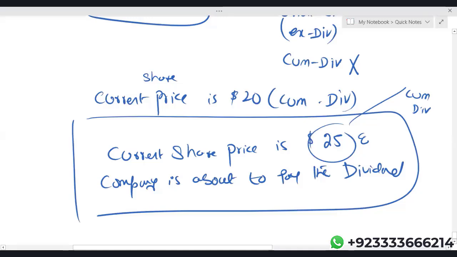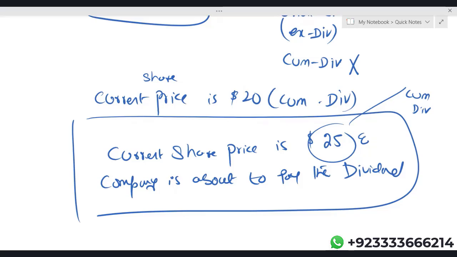Because whenever an organization is about to pay the dividend and it is mentioned in the question, then always remember the price is going to be cum div. The stock exchange works on anticipation, perception, news, rumors. As soon as the stock exchange gets to know the company is about to pay the dividend, that impact will be included in the share price, and due to that your share price will increase a little bit.